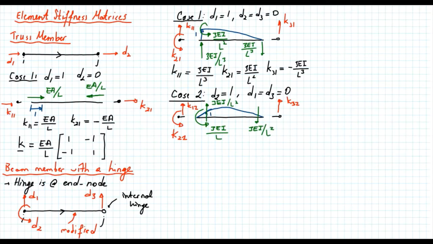Now write down the stiffness coefficients. So K12 is equal to 3EI over L squared. K22 this time will be equal to 3EI over L. And K32 is again equal to minus 3EI over L squared.